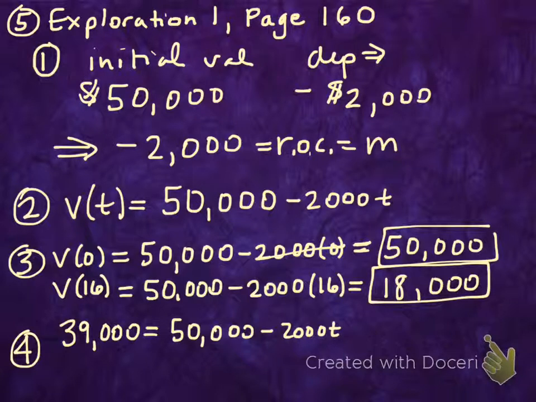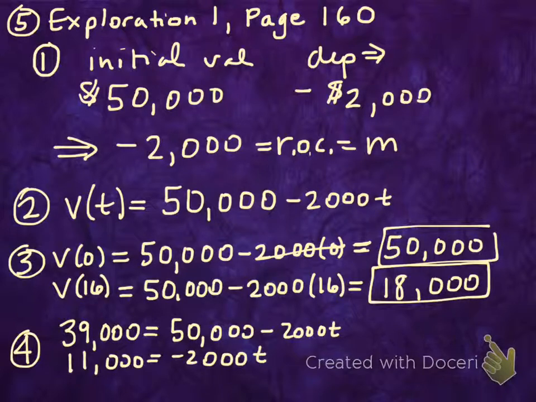Well, if we subtract 50,000 from each side, that would give us negative 11,000 on the left equals negative 2,000 t. I left the negative off my 11,000, I'm sorry. So subtracting 50,000 from 39,000 gives us negative 11,000. And then when we divide both sides by negative 2,000, we get that t is 5.5 years.